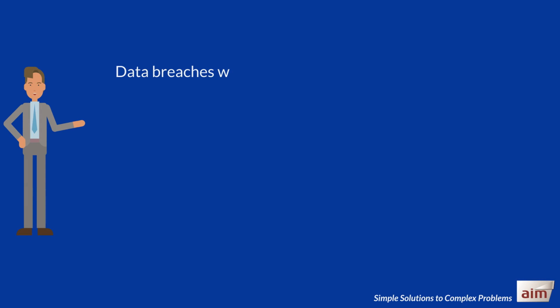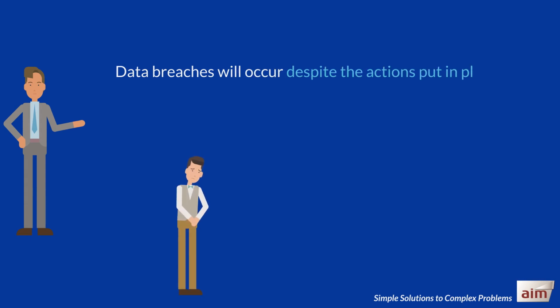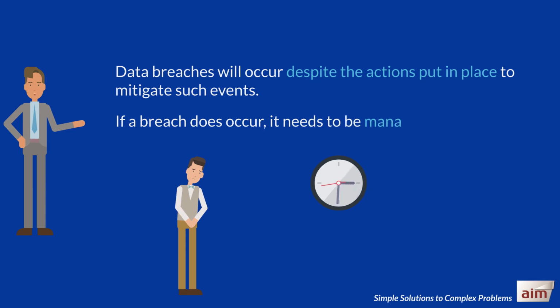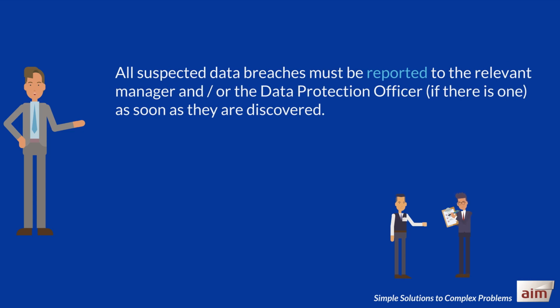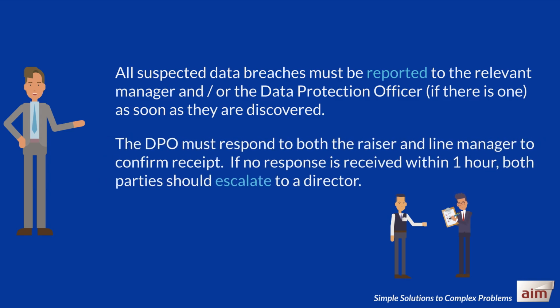Data breaches will occur despite the actions put in place to mitigate such events. If a breach does occur, it needs to be managed as quickly as possible. All suspected data breaches must be reported to the relevant manager and/or the data protection officer, if there is one, as soon as they are discovered. The DPO must respond to both the raiser and line manager to confirm receipt.